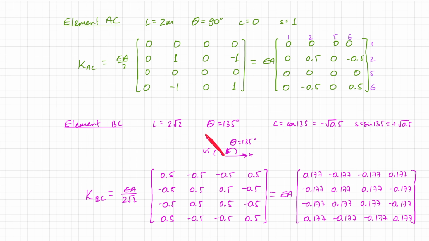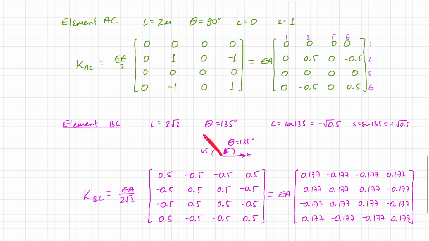And once again, just adding those degrees of freedom. In this case, it's 3, 4, 5, 6. So here I've got 3, 4, 5, 6, and 3, 4, 5, 6. And that's now it. I have found the stiffness matrices for each element in the global coordinate system.